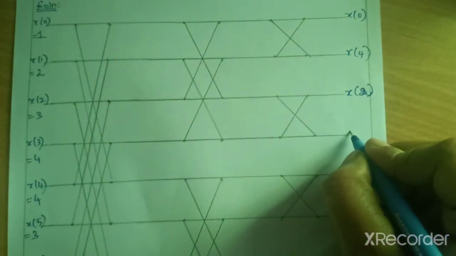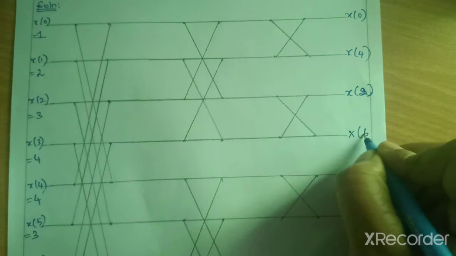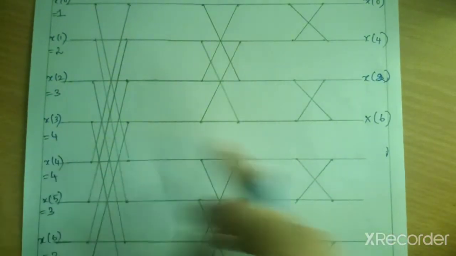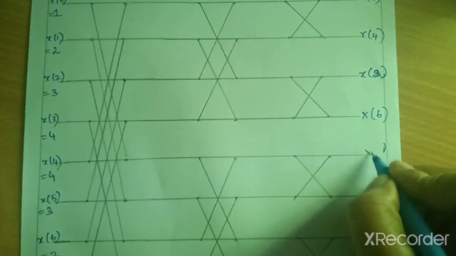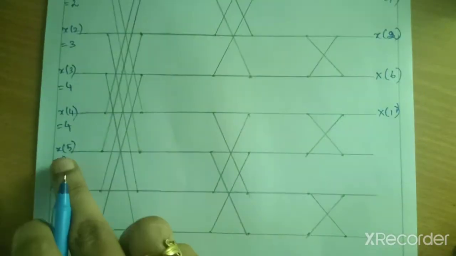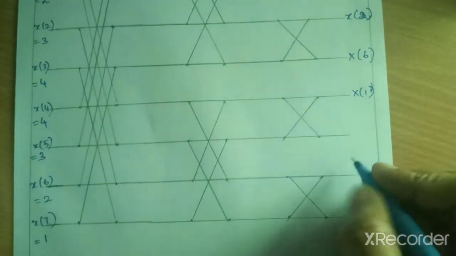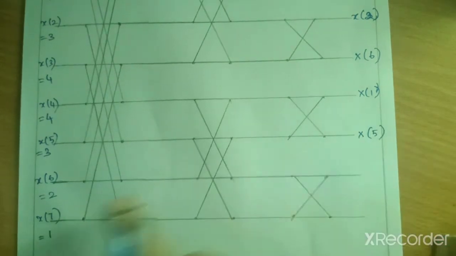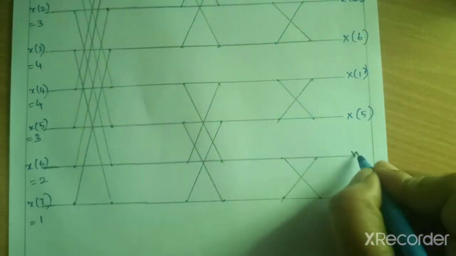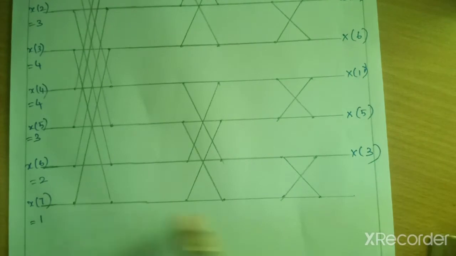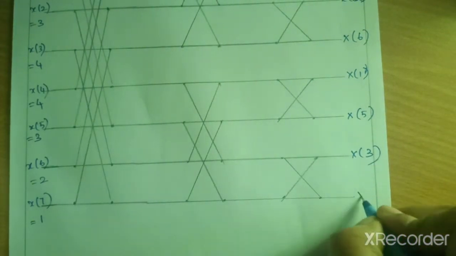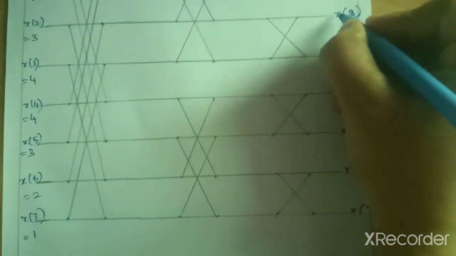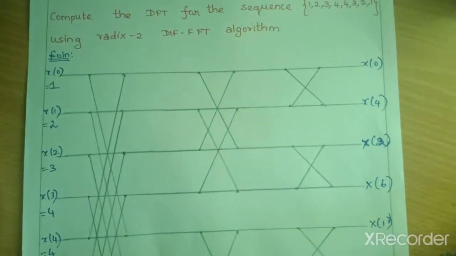X of 3 bit reversal will be x of 6 and x of 4 bit reversal will be x of 1 and x of 5 bit reversal will be x of 5 and x of 6 bit reversal will be x of 3 and x of 7 bit reversal will be x of 7. So here we have the bit reversal order.